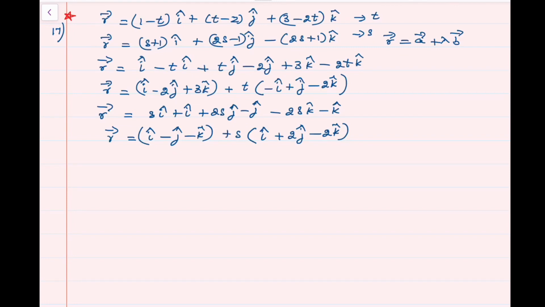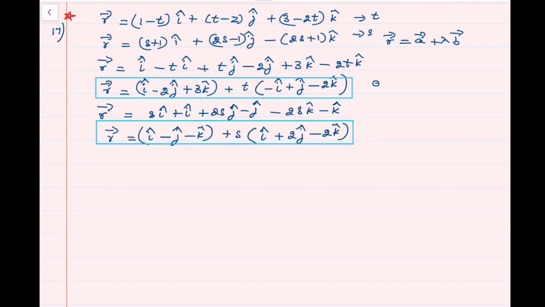We have written these line equations in the standard form. Vector a1 from the first line equation is i minus 2j plus 3k, and vector a2 from the second line is i cap minus j cap minus k cap.